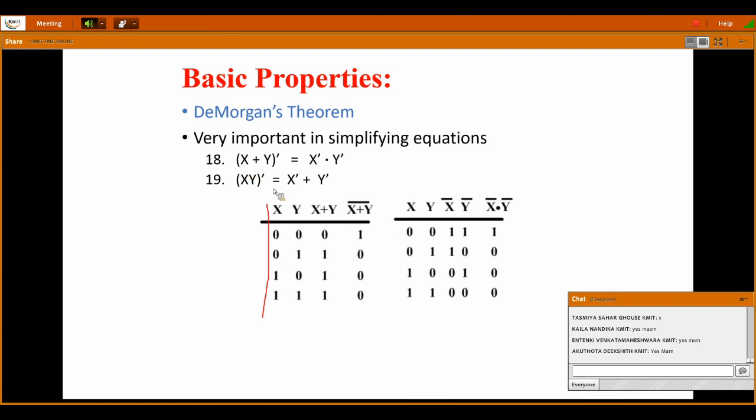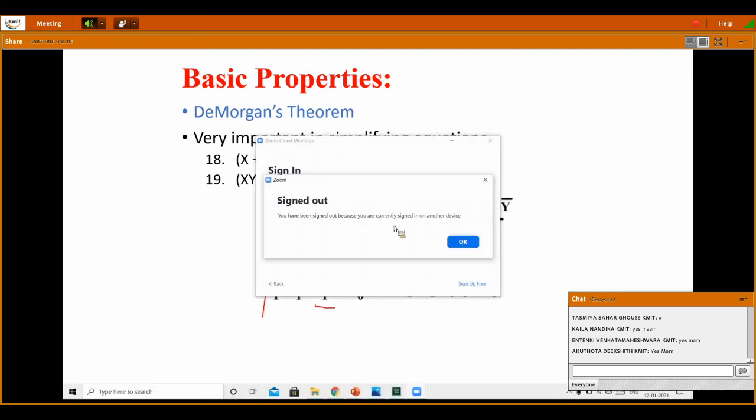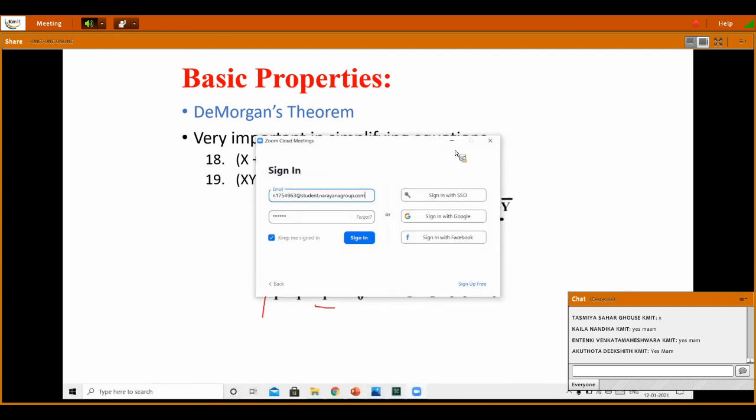See here, in the 18th equation, two variables x and y are being taken, and for two inputs the possible combinations are 4. So x plus y is being taken. For 0 and 0, this is nothing but the OR gate, and OR complemented is nothing but NOR. So the complement is also being taken.